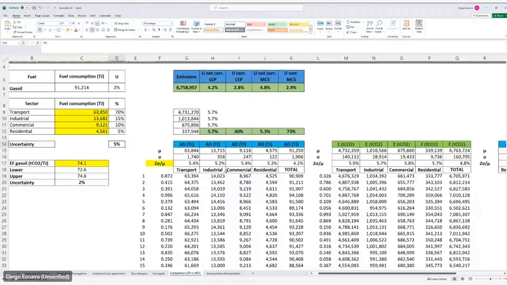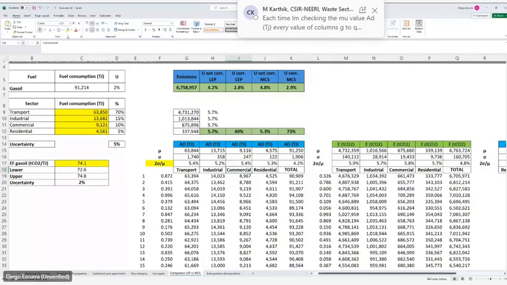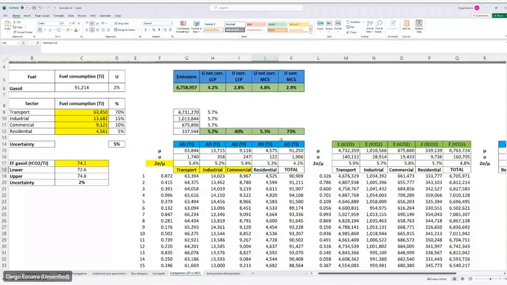So going back to the Excel, we simulated the fuel consumption in transport, and we did the same for the industrial sector, the commercial sector, and the residential sector.